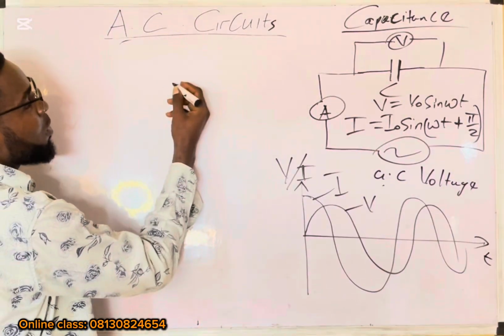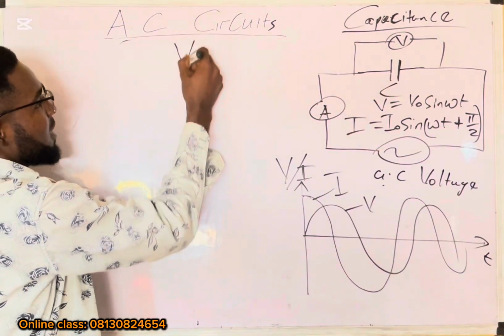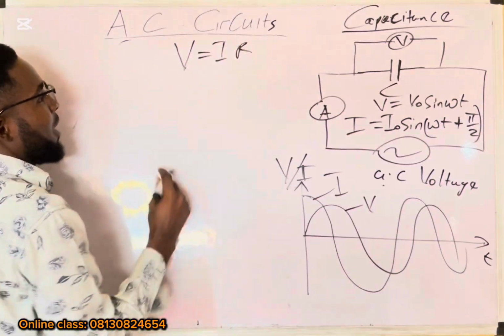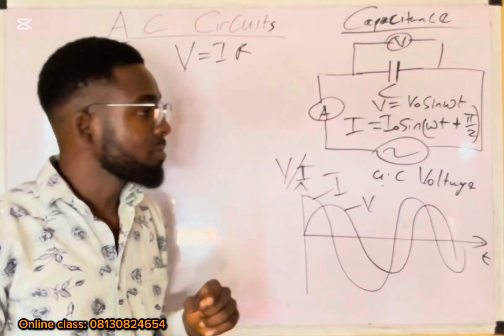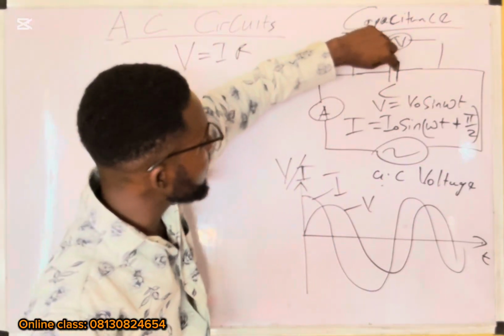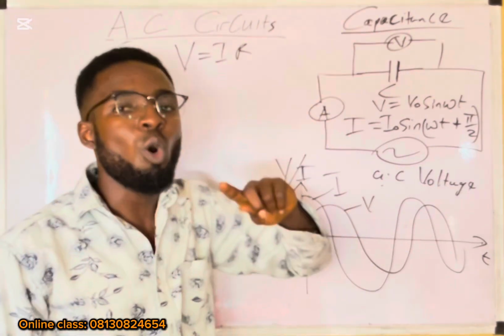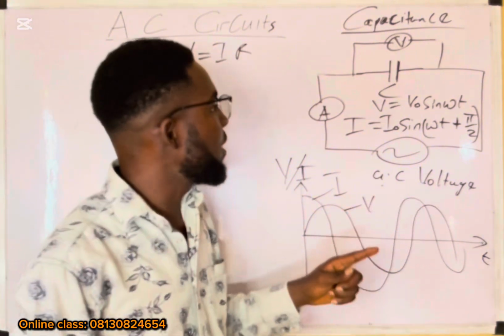From Ohm's law, we know that V is equal to IR. I stands for current, while R stands for resistance. In this case, this capacitor has the ability to oppose the flow of current.